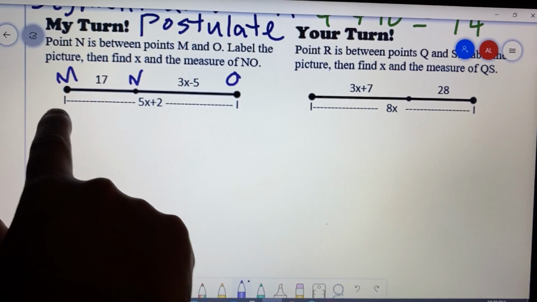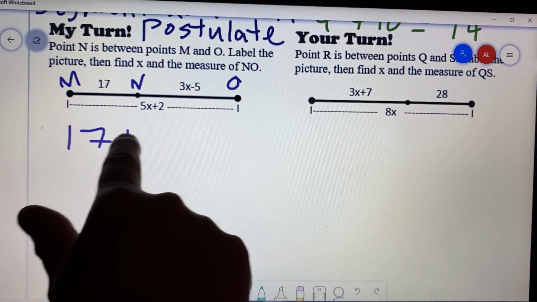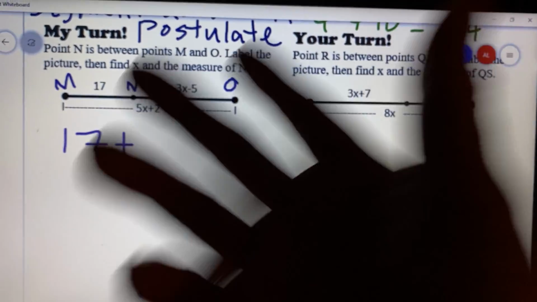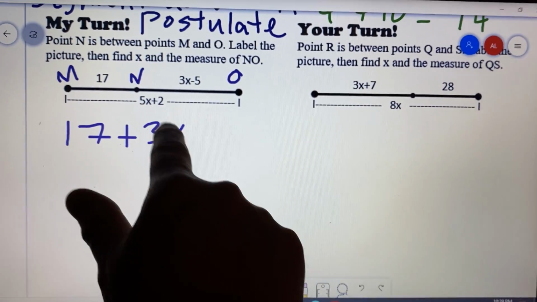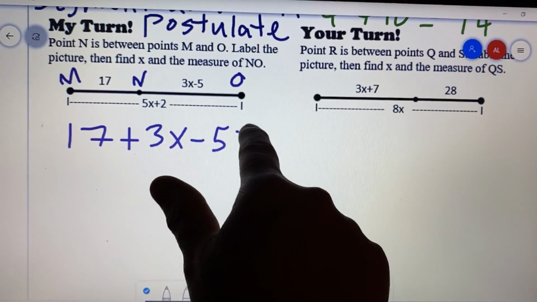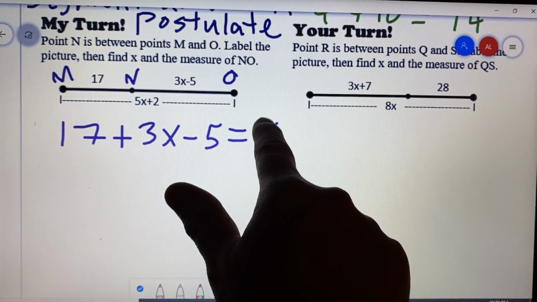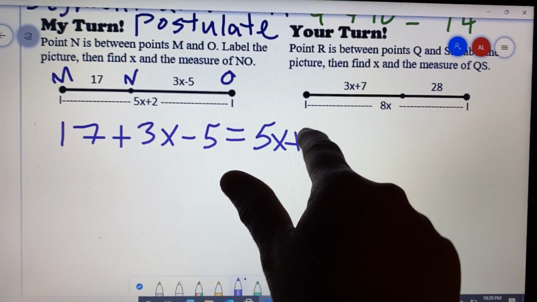So this piece is 17 plus, it's adding because it's called the segment addition postulate. And this piece is 3x minus 5 equals this whole piece, which is 5x plus 2.